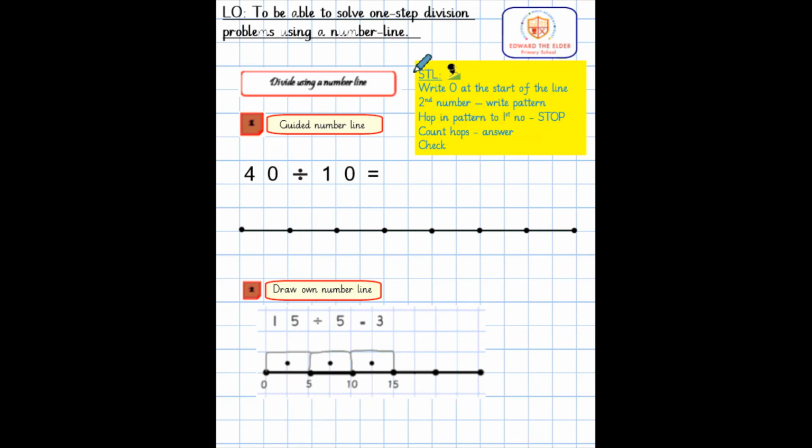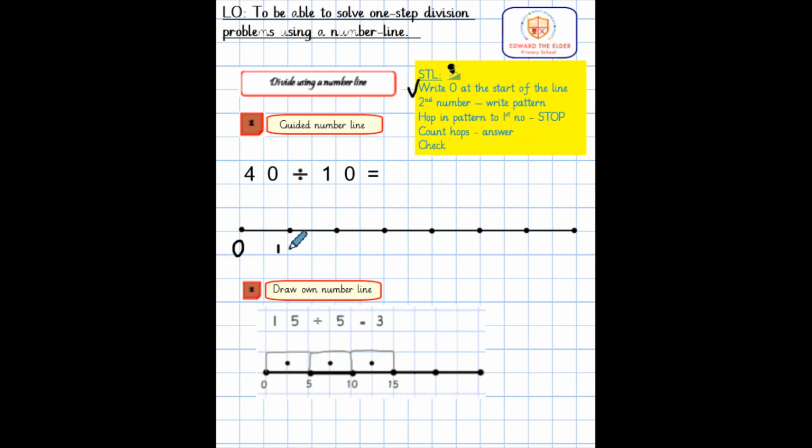As always, we'll be following our steps to learning to help us find the answer. Our first step is to write 0 at the start of the line. Tick that once I've completed my step. Our second step is to look at the second number, and this is the pattern we're going to be writing. So we're going to be counting in groups of 10.